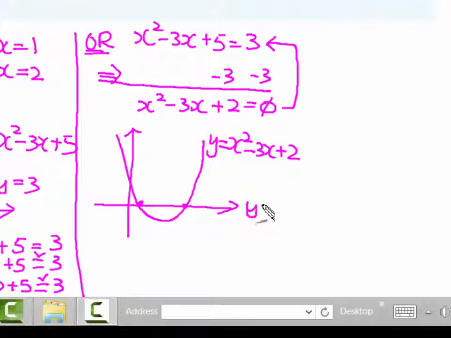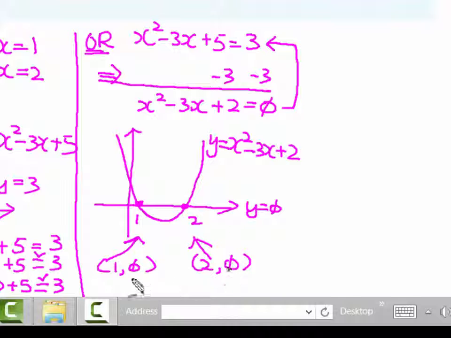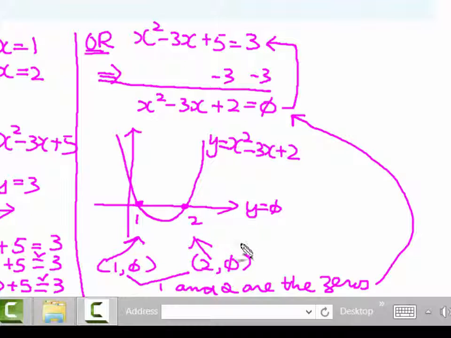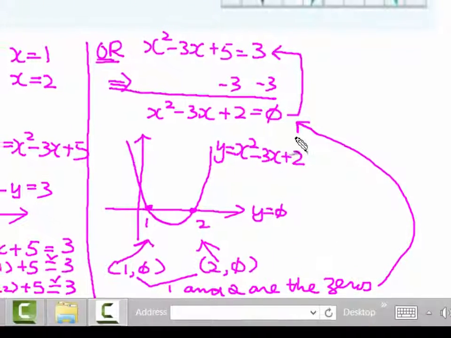And this one, of course, is y equal to 0, which is the x-axis. And look at that. These are the x-intercepts, which are (1, 0) and (2, 0). And 1 and 2 are the zeros of this equation, which are also the solutions of these equations.